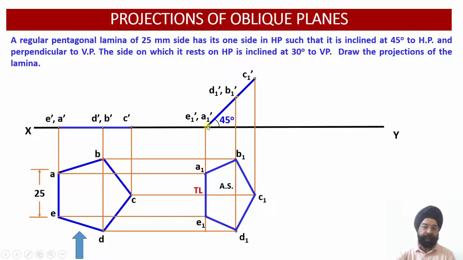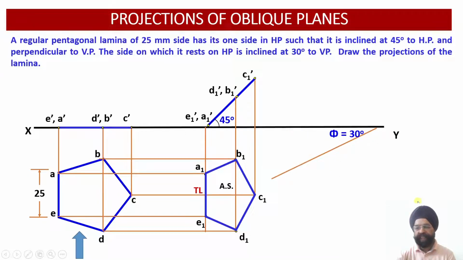So that is why this line we have marked as true length, whereas A1, B1 is apparent length, B1, C1 is apparent length, C1, D1 is apparent length, and D1, E1 is apparent length. So we have to transform or rotate this picture in step number 5.